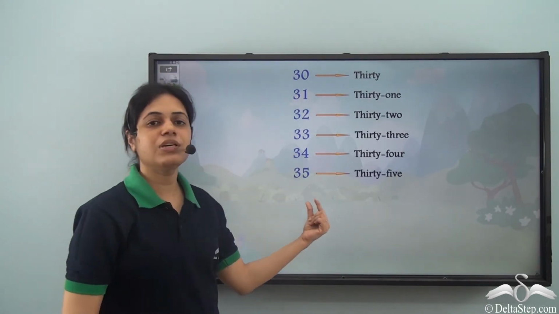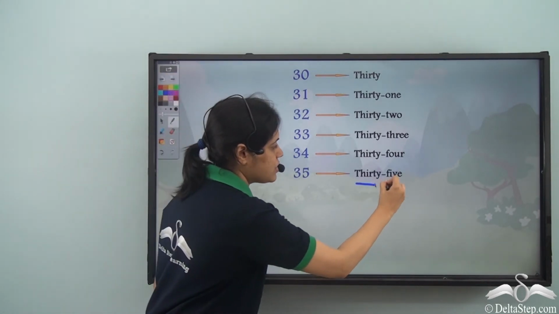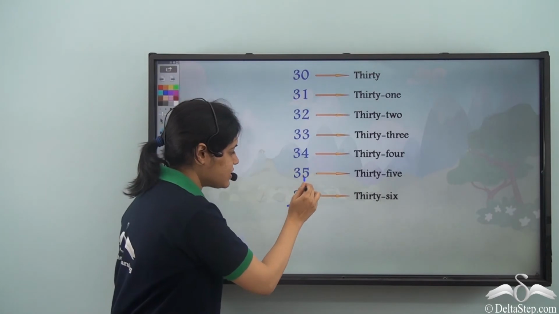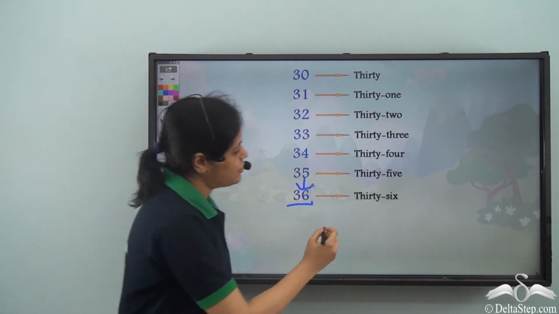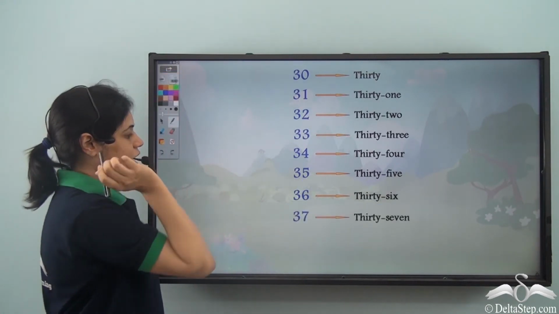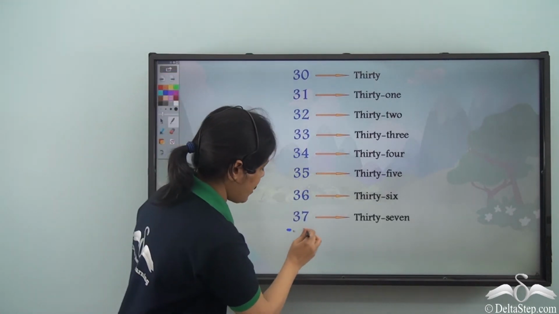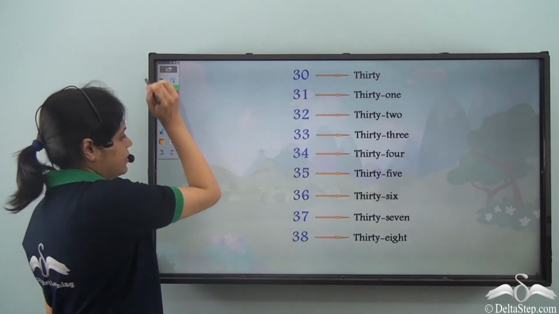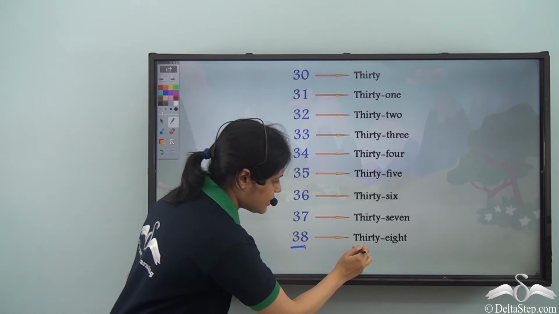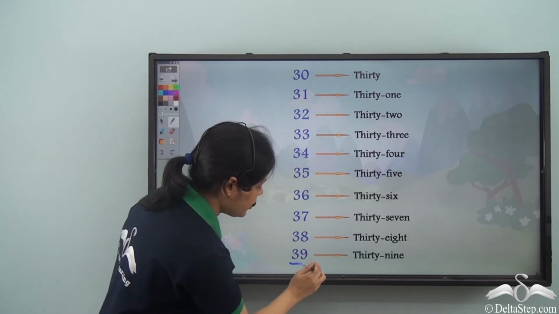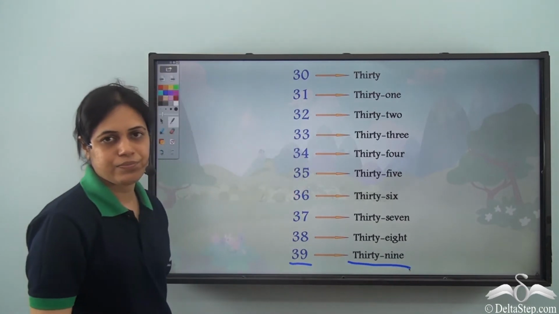So it is 35. After 35, we have 36, because 6 comes after 5. So this is 36. After 36, we have 3, 7, 37. Then we have 3, 8, 38. And then we have 3, 9, 39.